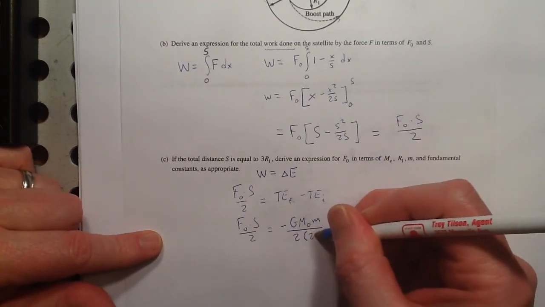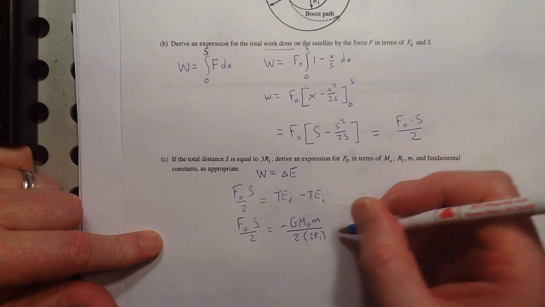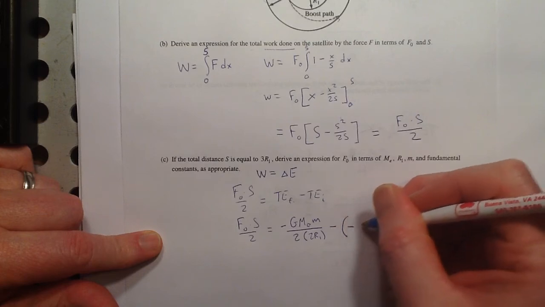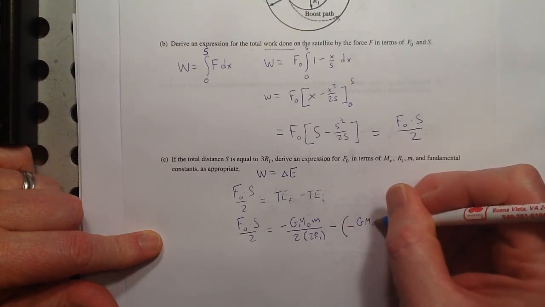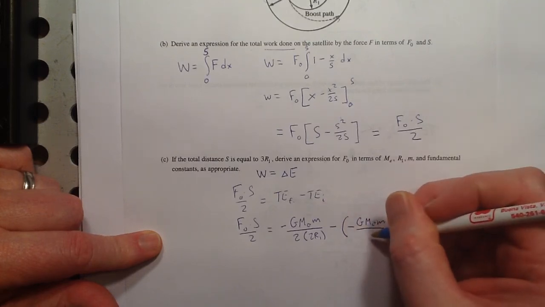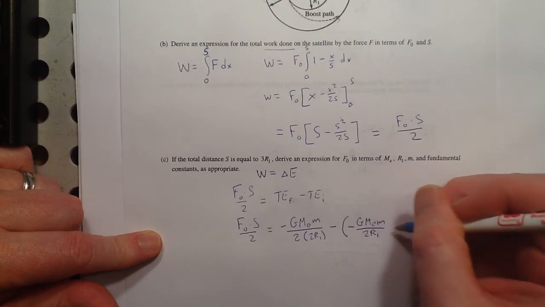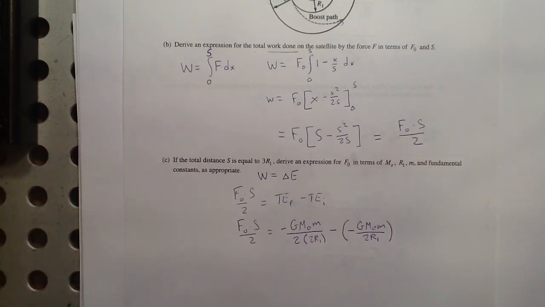The final is 2r1, and minus the initial. The initial is G, me, m, over 2 times the initial orbit, which was just r1.